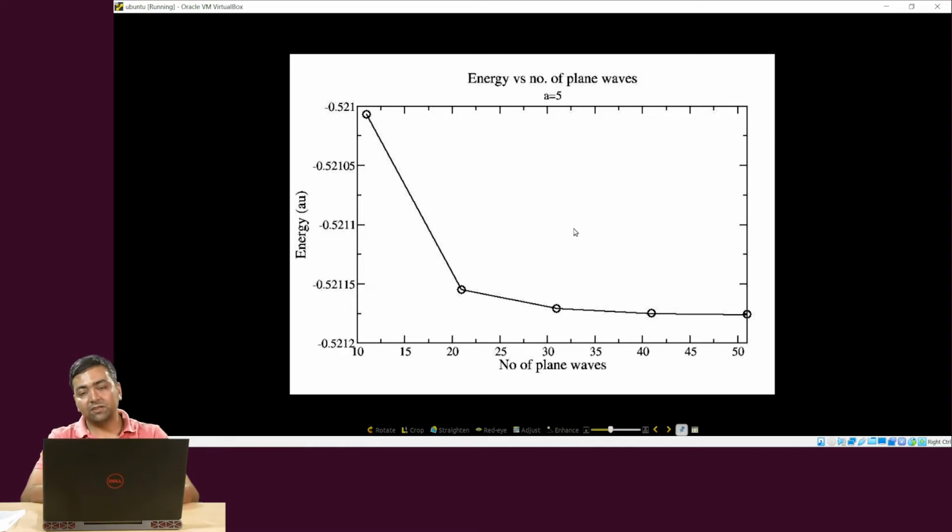That means the total energy will slowly go down, and in the limit where it is converged, you will not see any significant change in energy. So, as a function of the number of plane waves, if the code and everything is correct, you should always expect that the energy goes down.